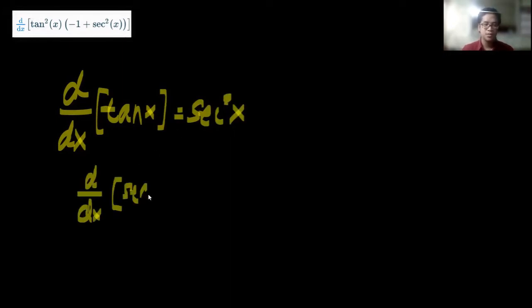The derivative of secant is equal to secant times tangent x, all right? Don't forget this one because maybe in the next video that I'm going to upload, I'm not going to recall this one. So yeah, this is a short recall: tangent x, secant squared x, secant, and that's it.